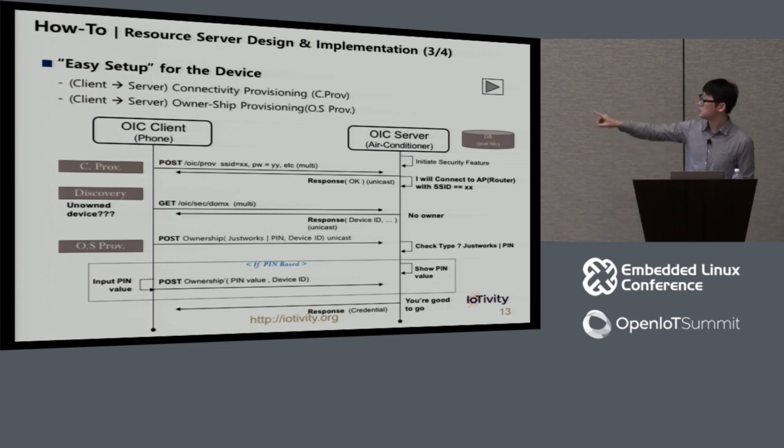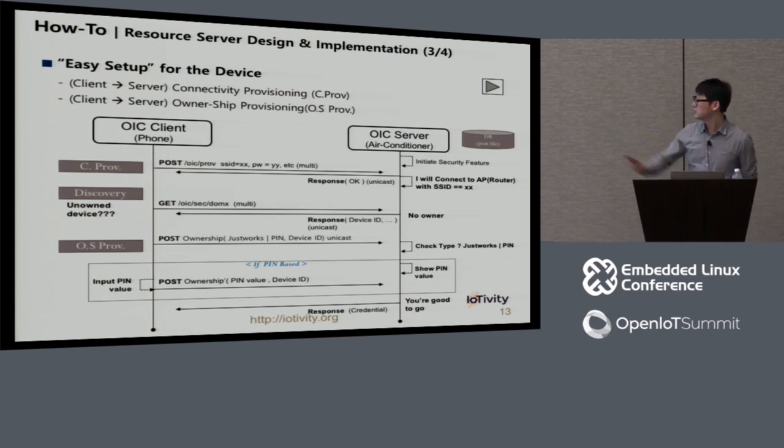That means whenever the client sends an ownership request with the pin type, the server provides a pin number to the display or whatever is necessary. Then the client looks at the pin and sends that pin through the network again. And whenever the server receives that pin and thinks it is valid, it creates a credential and sends it to the client.